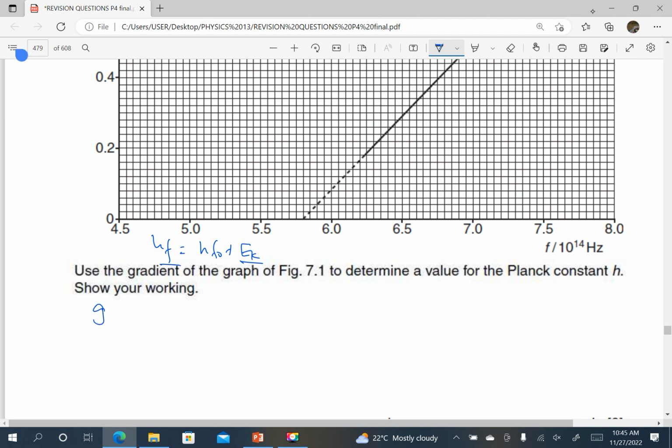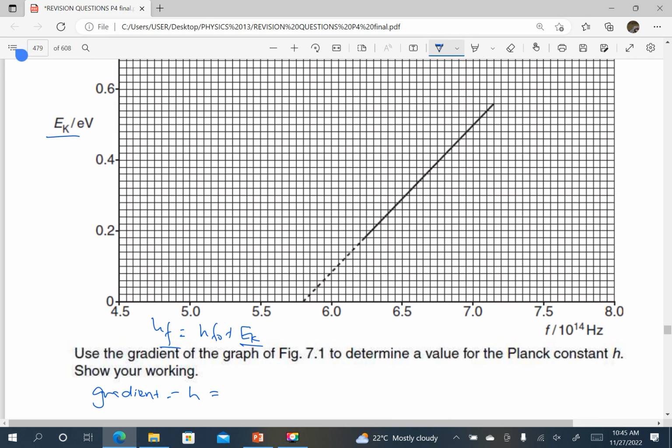So gradient equals h, Planck's constant. Let me find the gradient here. I'll take this point here, which is where it crosses the x-axis, and I'll take this point here.